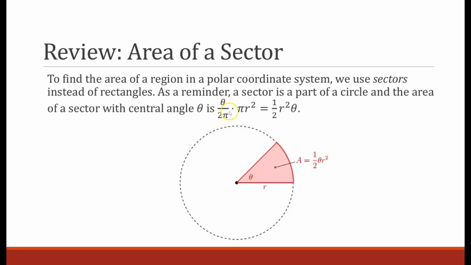And we take that fraction and multiply it times the area of an entire circle, which is pi r squared. So the area of that part of the circle, if we multiply these two, ends up looking like 1/2 r squared theta. So notice that the pi's cancel out. So 1/2 r squared theta is the area of a sector, provided we have the angle theta given in radians.